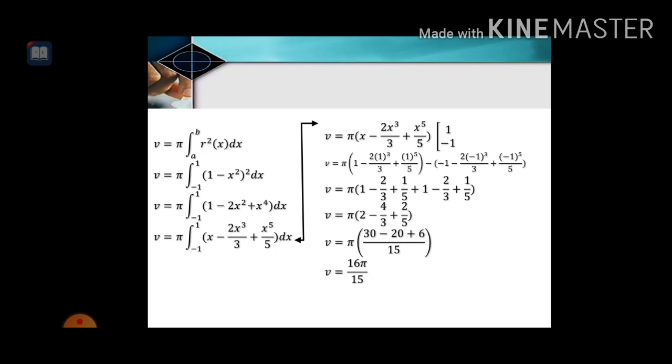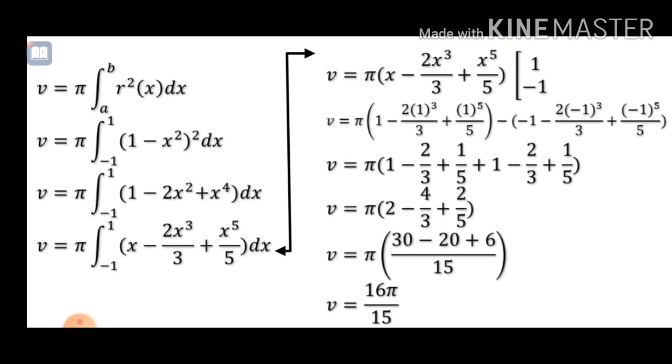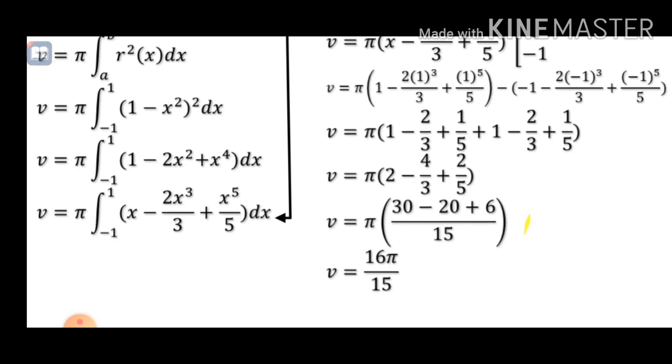So this is the solution. V is equal to pi integral from a to b of r squared dx. V is equal to pi integral from negative 1 to 1 of (1 minus x squared) to the power of 2 dx, and V is equal to pi integral from negative 1 to 1 of (1 minus 2x squared plus x to the power of 4) dx.